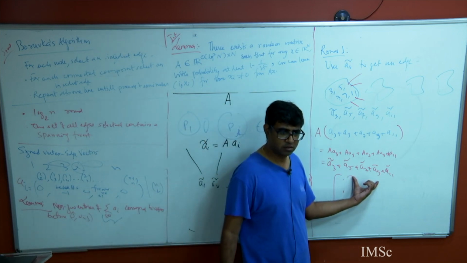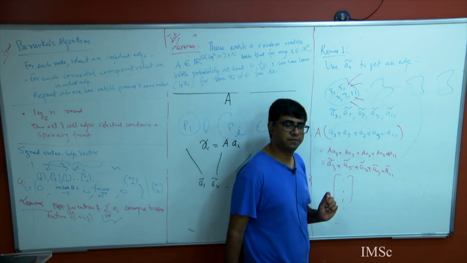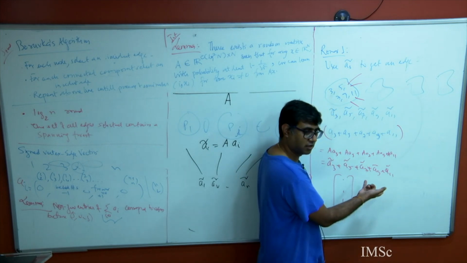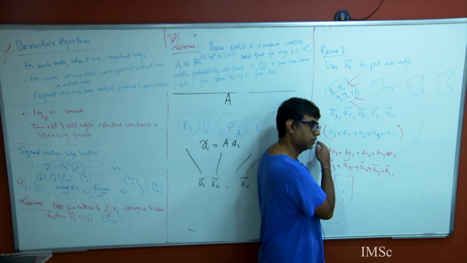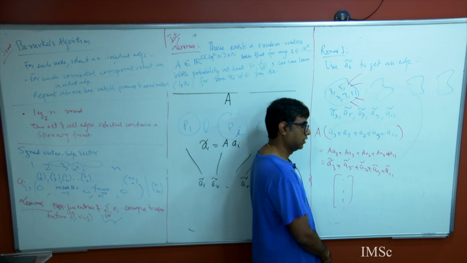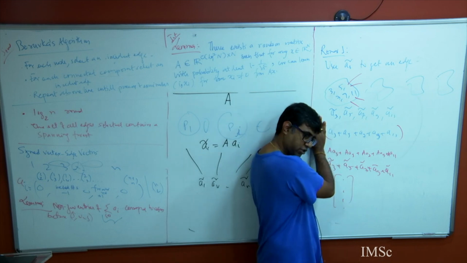Imagine I have not applied this, and I have these vectors. I sum them up and apply A to that. Why will that not give me this information? Suppose here I had written some different A. Will it give me information?